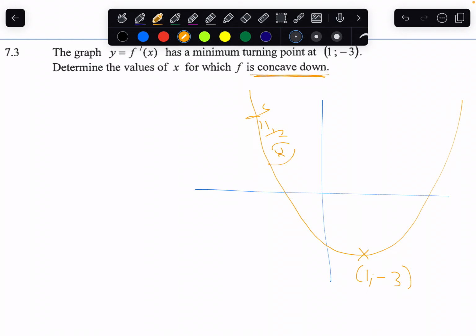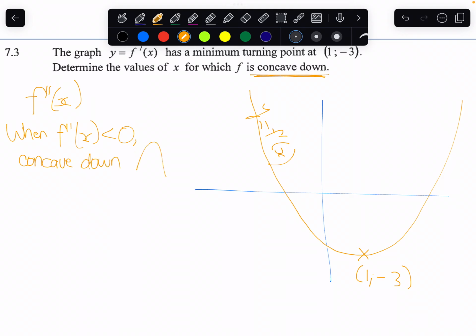So concavity is given by f double prime, right? So the derivative of this guy. And what we know is when f double prime is smaller than 0, then the graph is concave down.